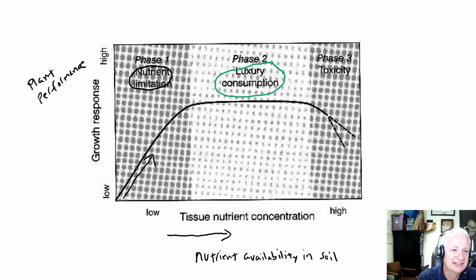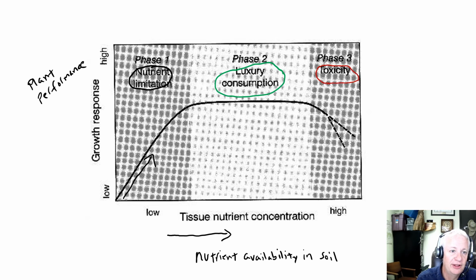Luxury consumption would just be a phase where the tree is accumulating that element, but it's no longer limiting, so it doesn't increase performance with addition of that nutrient.